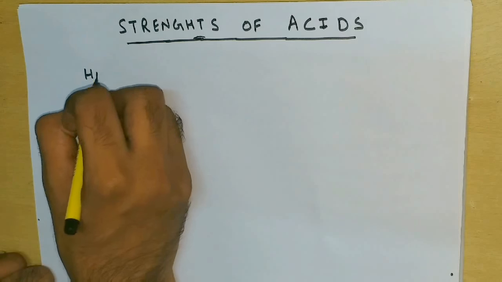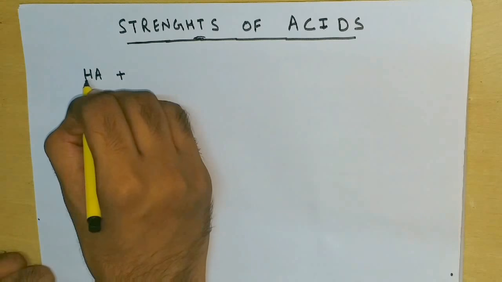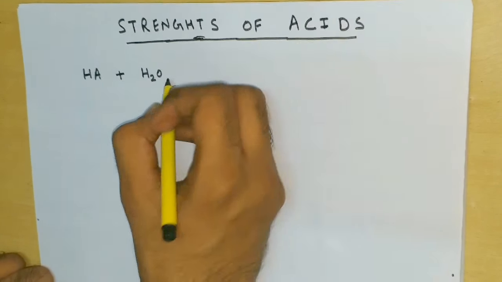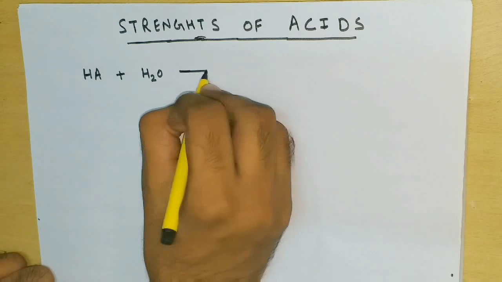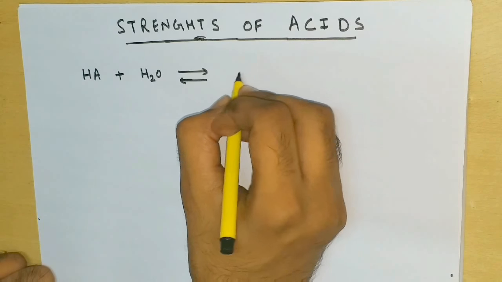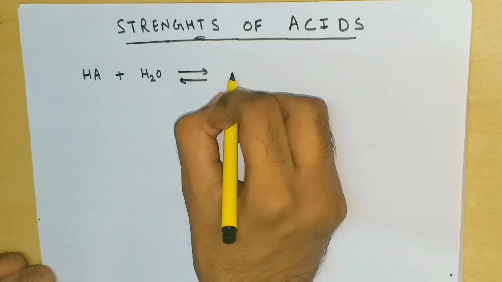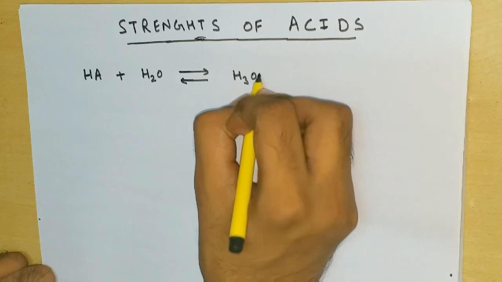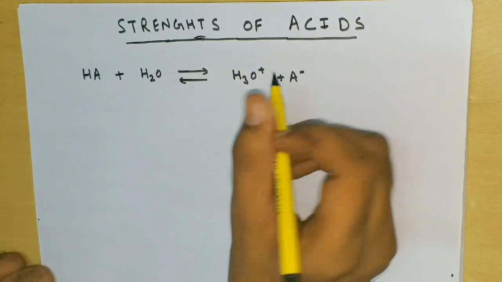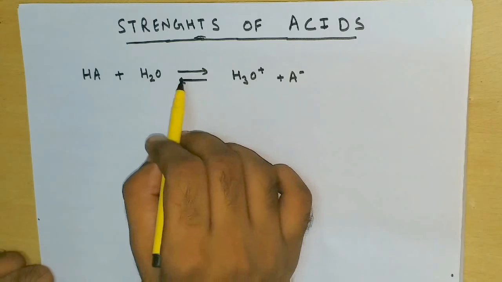This is HA, and in water, H2O, it dissociates as H3O plus and A negative, the conjugate base of HA.